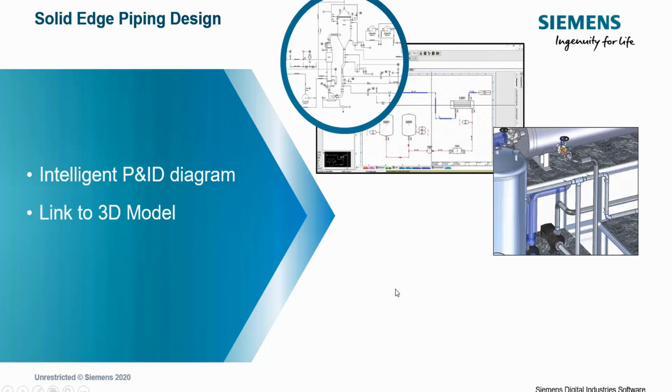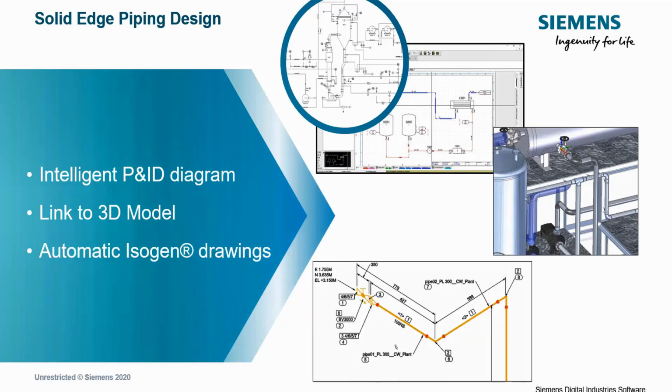Then I'm going to link this through to the 3D CAD model and show how we can generate the automatic piping in there. And then I'm going to finish by creating the isometric drawing or manufacturing drawing for fabrication. So let's go and get into Solid Edge.